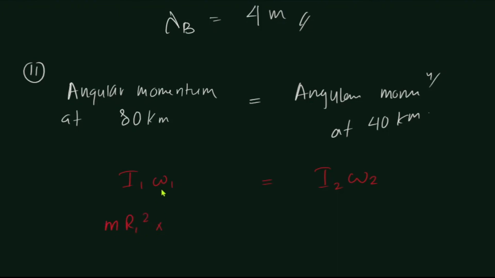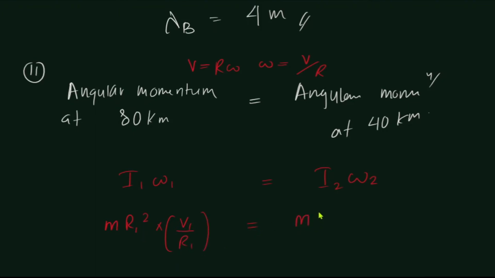What is omega1? From the equation v is equal to r omega, we can write omega as v over r, so here it is v1 over r1.